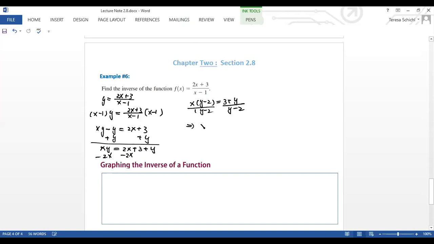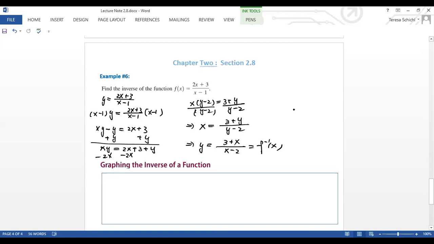So that's why I get x equal to (3 plus y) over (y minus 2). So now I switch the x and the y, so y is equal to (3 plus x) over (x minus 2). So this is my f inverse of x. Okay, so it's always the same procedure, right?